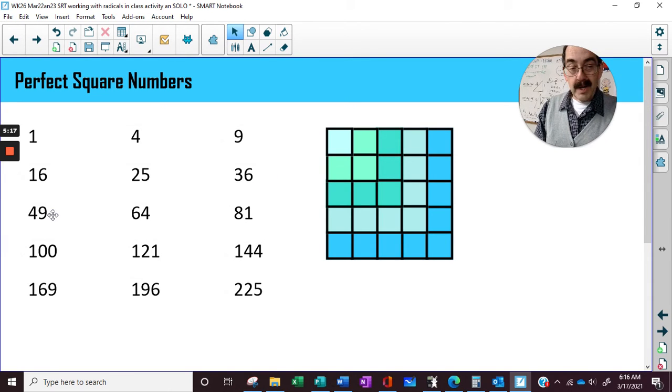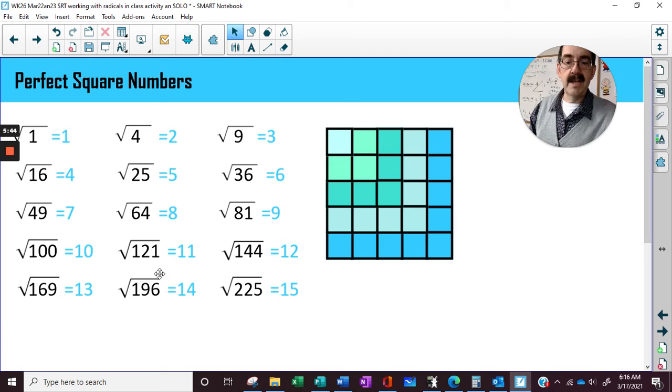What times what is 49? 64. 81. 100. 121 is 11 times 11. Hey, everybody knows 12 times 12 is 144. Now, these we don't see as often, but we love to put them on tests. So, 12, 13, 14, 15.